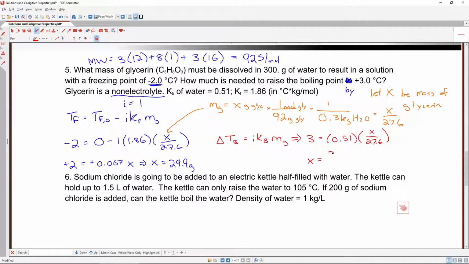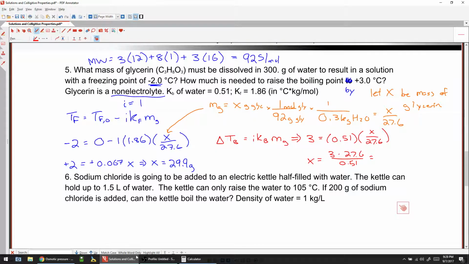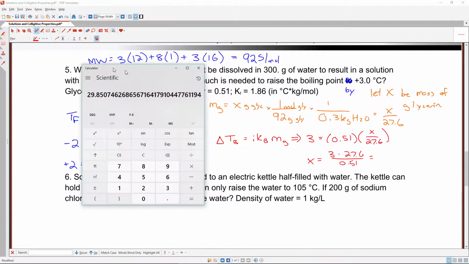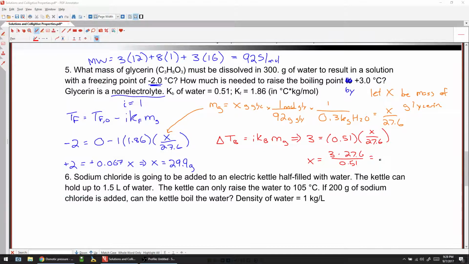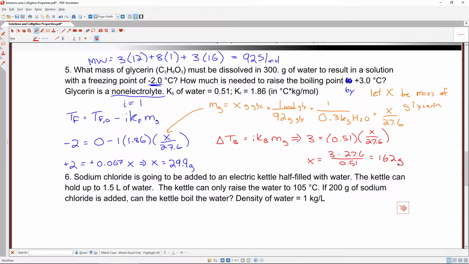So that's 3 times 27.6 divided by 0.51. And we can run that calculation real quick, can't we? So clear that. 3 times 27.6 equals, divided by 0.51, which is approximately 162. We'll leave it as that. Right, 162 grams.